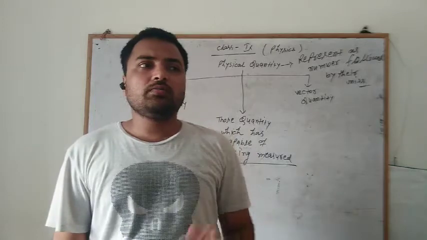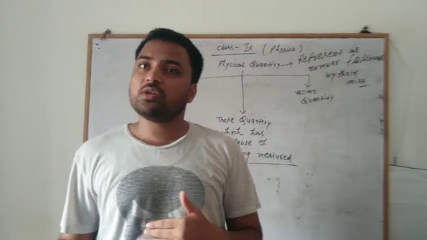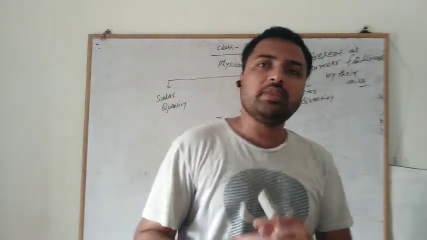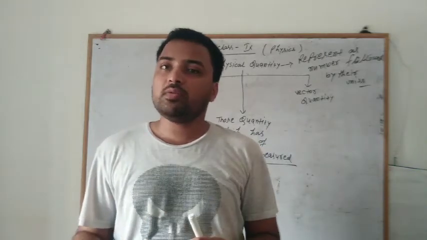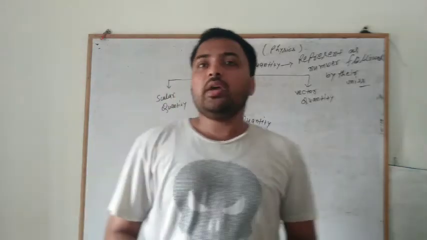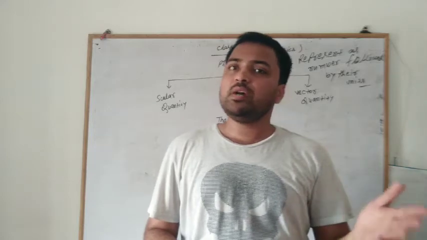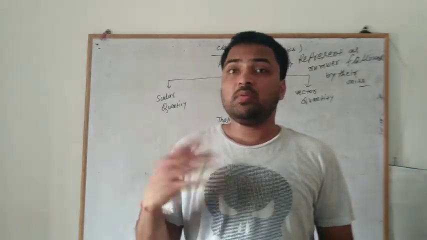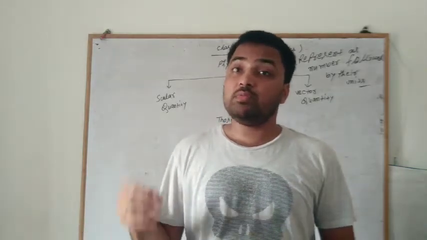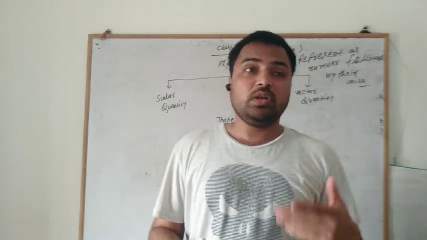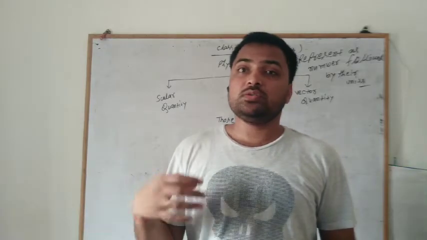Okay, so in physics, if we write a simple number in relation to some physical quantity, then that is meaningless. Then there is no explanation about that number. If we write simply 5, then we cannot explain that 5. That 5 may be for force, distance, displacement, velocity, work, or sound.